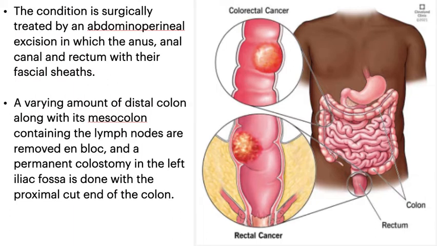This condition is surgically treated by abdominoperineal excision, in which the anus, the anal canal, and the rectum with the fascial sheaths, and a varying amount of the distal colon, along with the mesocolon containing the lymph nodes are removed en bloc, and a permanent colostomy in the left iliac fossa is done with the proximal cut end of the colon.